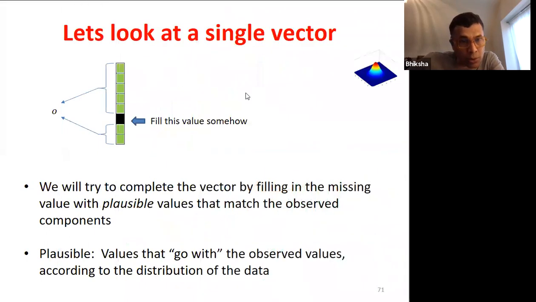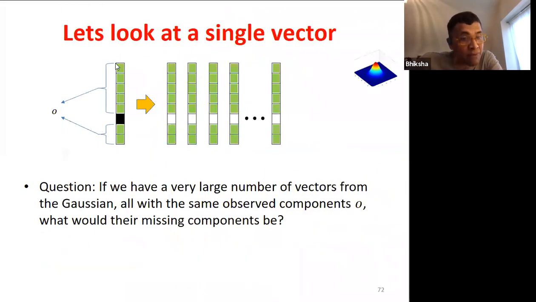So what I will do is make a very large number of clones, 10 to infinity, of this one data instance. And then I'm going to complete the data in every possible way, with all possible values of this missing component in proportion to how frequently I expect to see it.